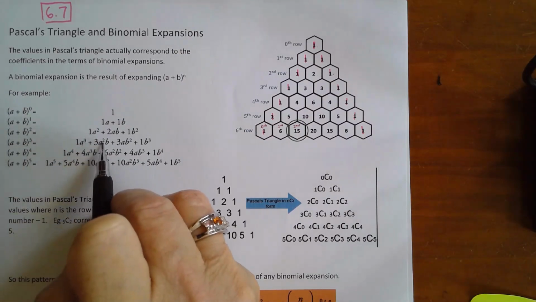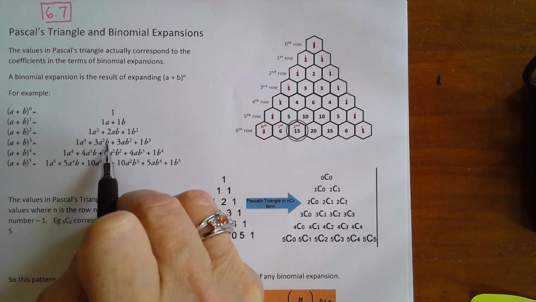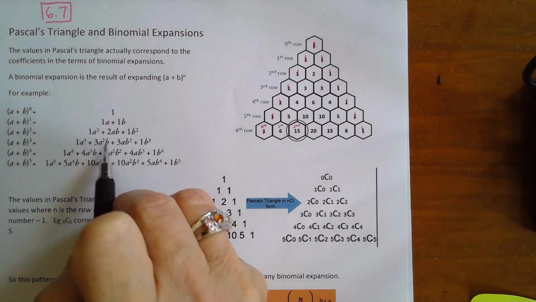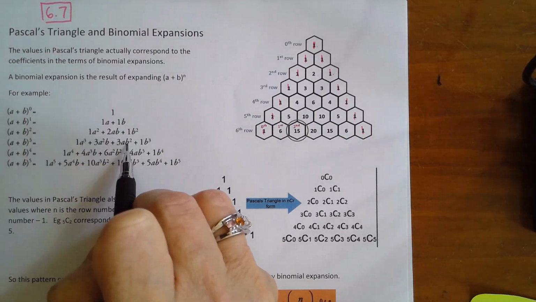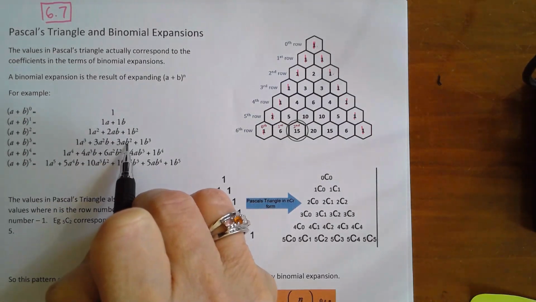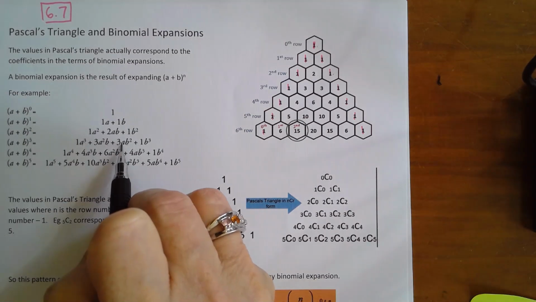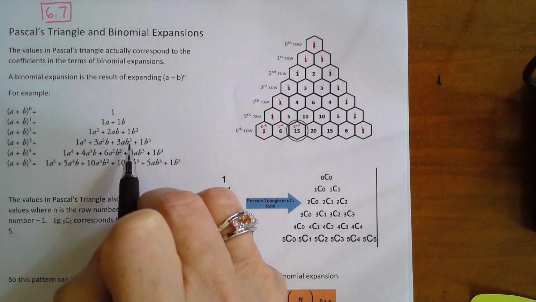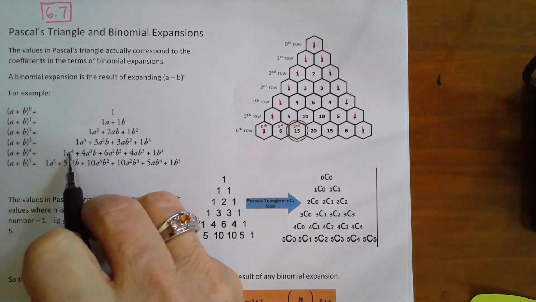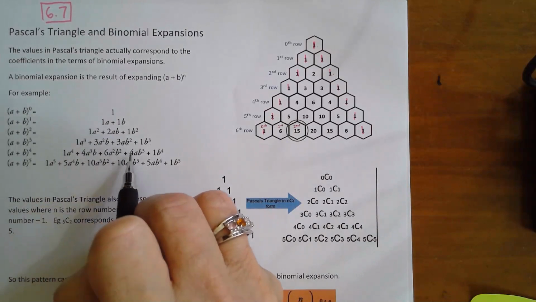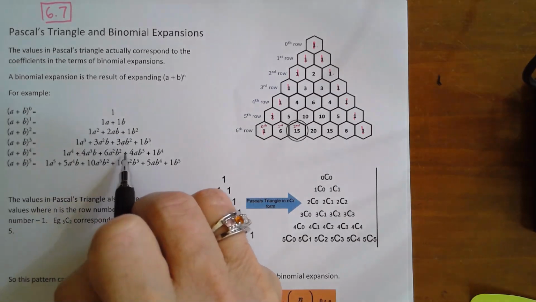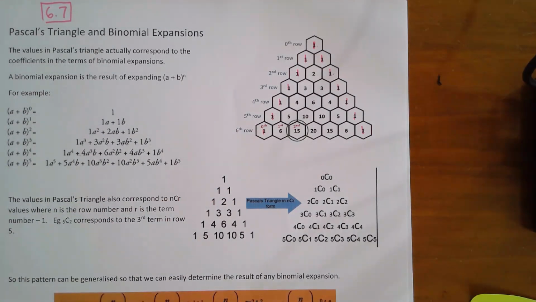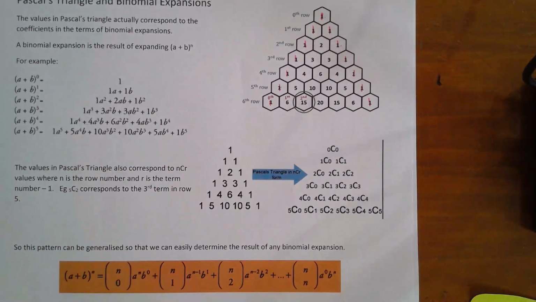And then you go down by 1 for the a and up by 1 for the b. Then down by 1, a squared goes first, and b comes in to b squared, up. And then down gives me a to the 0, nothing, and b cubed. Look at that. Start with the 4th, then I go to the 3rd, squared, gone. Start with no b, 1b, 2b, 3b. Okay, get the idea? So that's a really, really powerful thing.